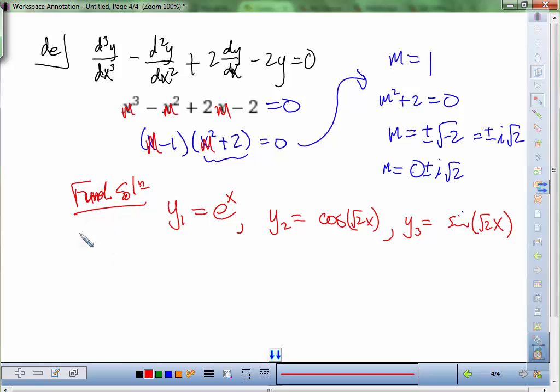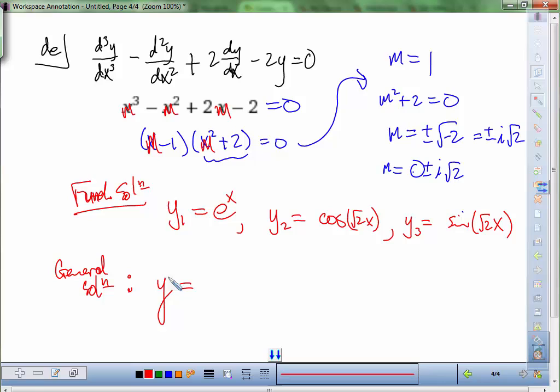So your fundamental solutions, and if you want your general solution, you just string them all up. You just multiply each one by C1, C2, C3, add them up, and then there's your general solution. No, your general solution is a function. So general solution, and I don't put a sub anymore.